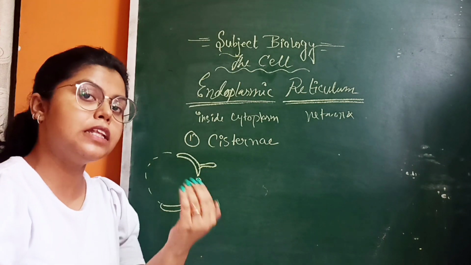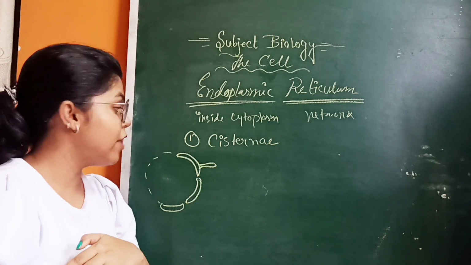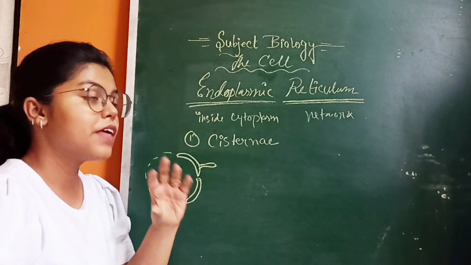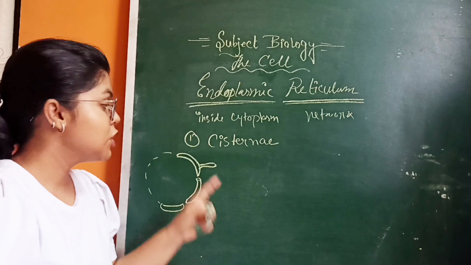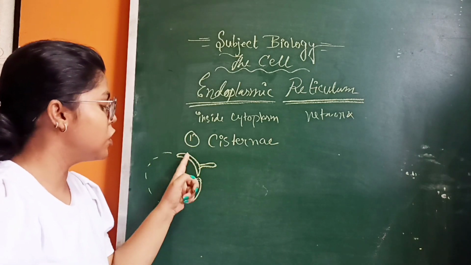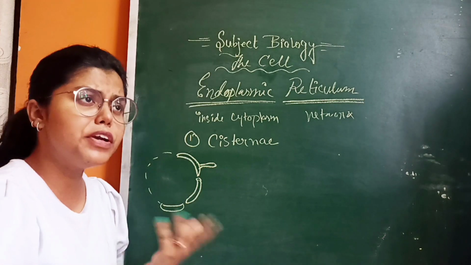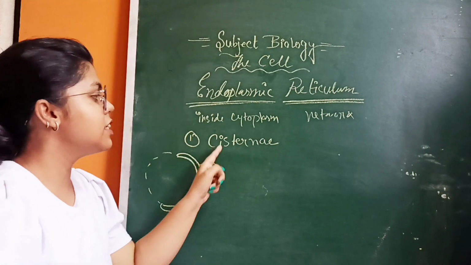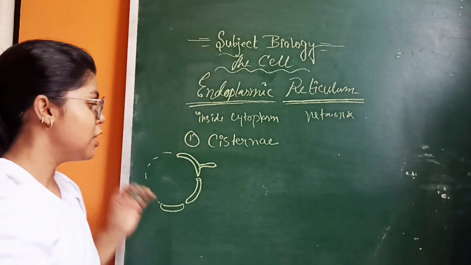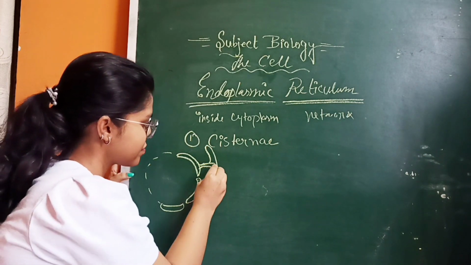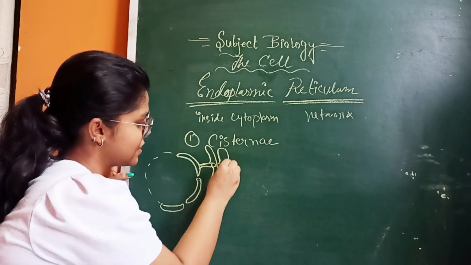Invagination means inner folds, and the evaginated part is the outer fold. So this is the outer fold of the nuclear membrane, from which the cisternae is formed. The cisternae is like this.